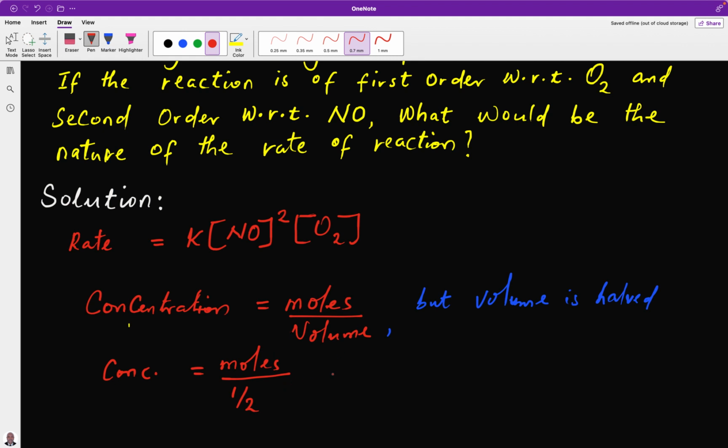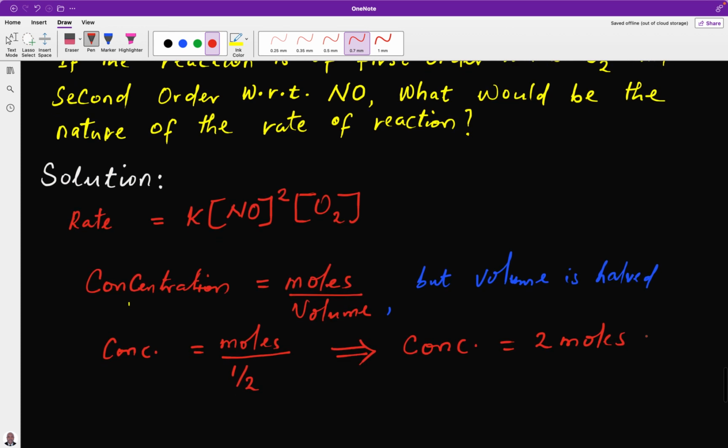And moles divided by a half, it will give us what? Rearranging this, our concentration will be equal to 2 moles.